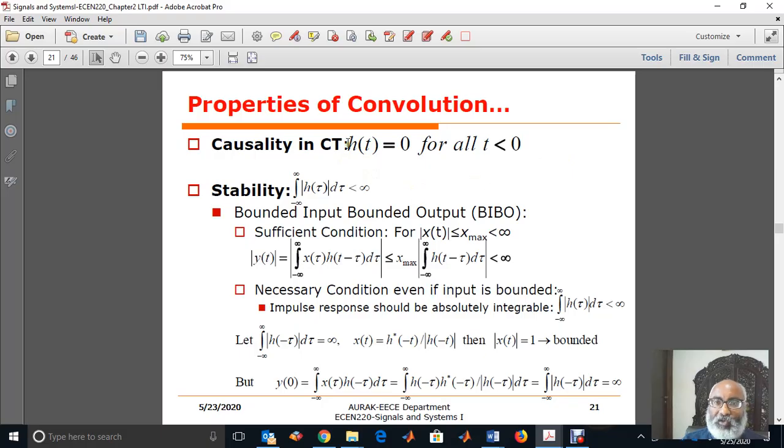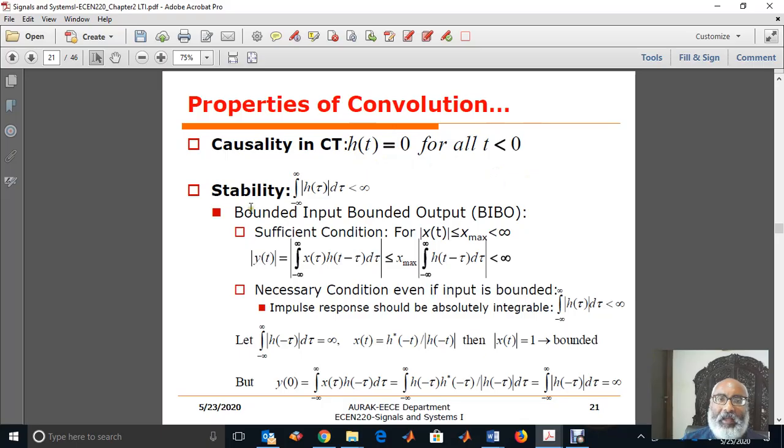So in this chapter, we defined it in another way, considering the system. A system is said to be causal if h of t is equal to 0 for all t less than 0. We just look at the system impulse response, and if we know that h of t is equal to 0 for t less than 0, then we say the system is causal.